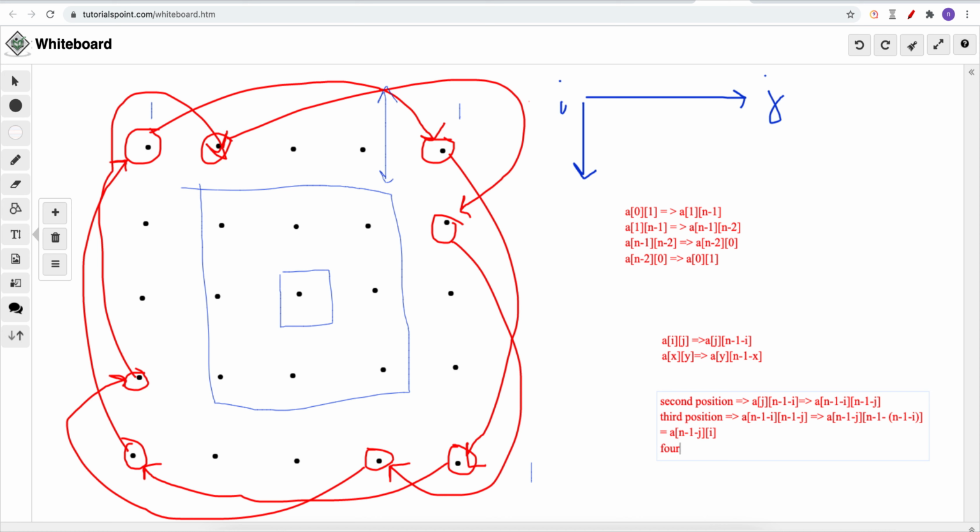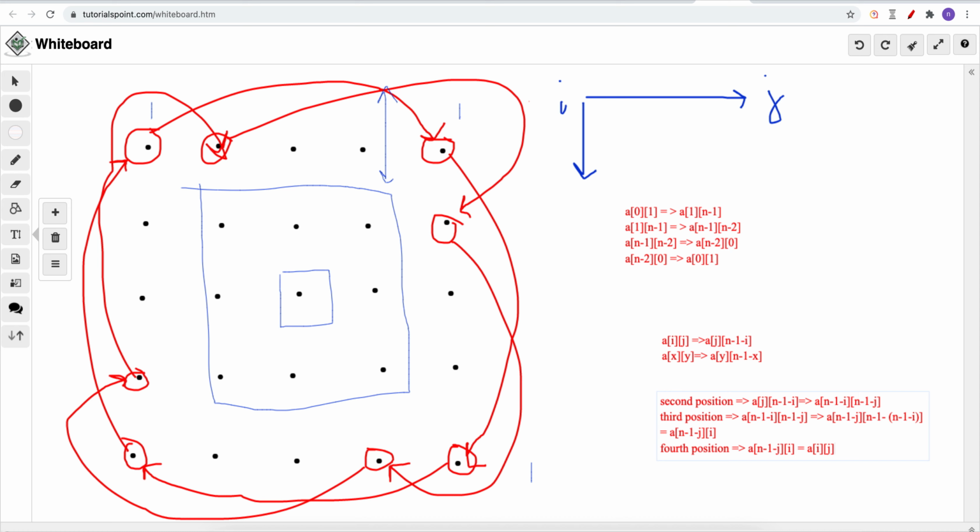So the fourth position is a of n minus 1 minus j and i. If you remember, the fourth position is the first position itself, which is a of i and j.